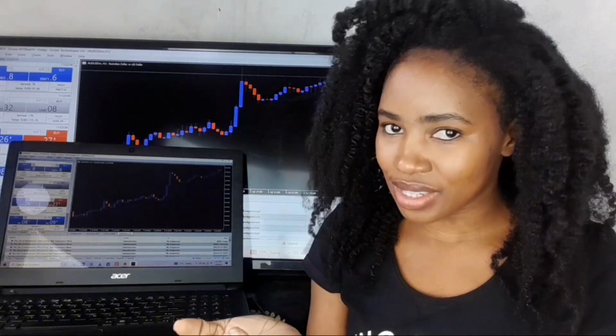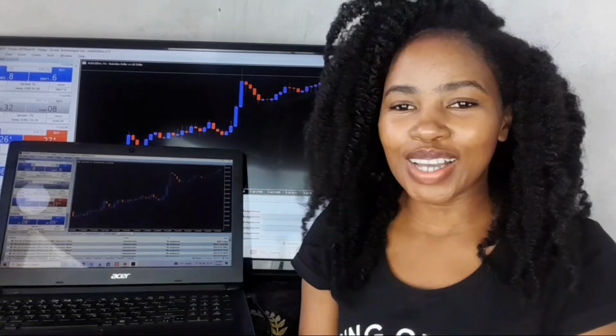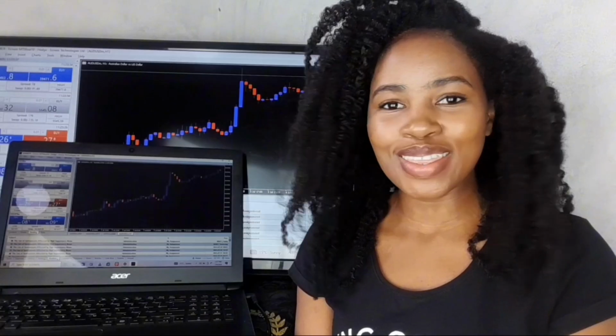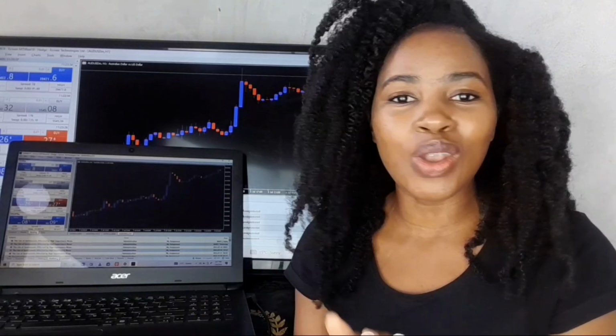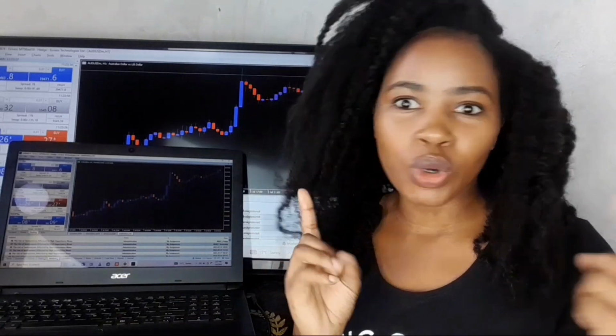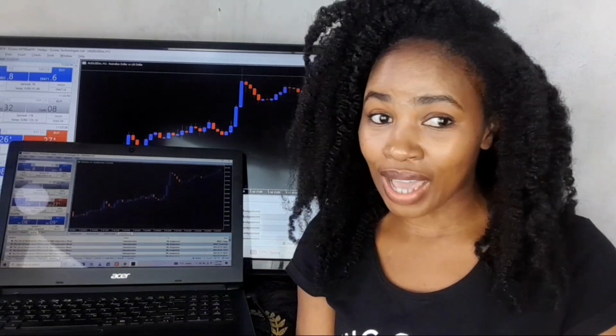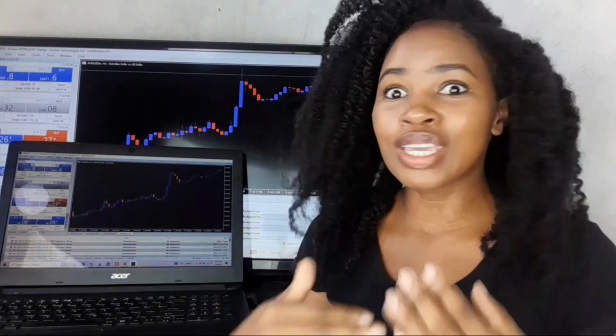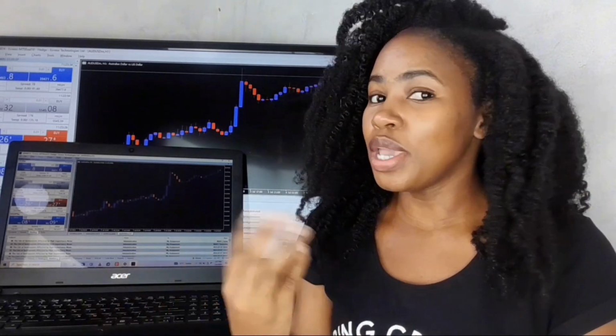Use it smart. Next frequently asked question is, are leverage and lot size the same? And the answer is no. Leverage and lot size are two different things. They sound similar because if I increase my lot size, I make more profits, right? And if I increase my leverage, I make more profits, right?